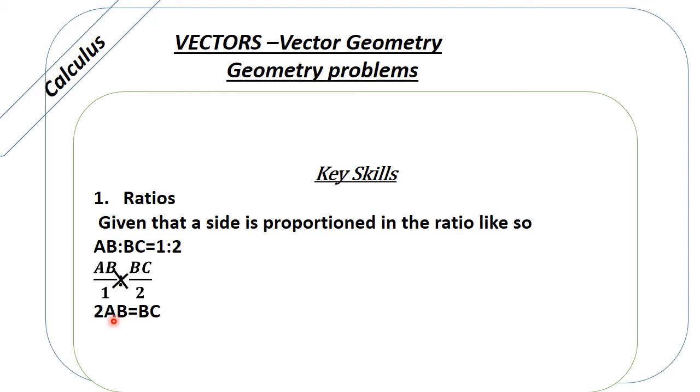This is the relationship between the two vectors. It means that for you to have BC, you need to multiply AB twice. If this is AB, then this is BC, because BC is 2 times AB. This is just visualizing. It's a very important thing to have when you want to see if what you're doing is correct. But what is important is this proportioning.